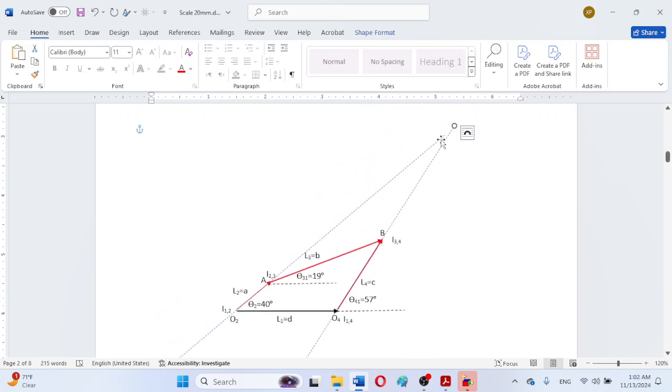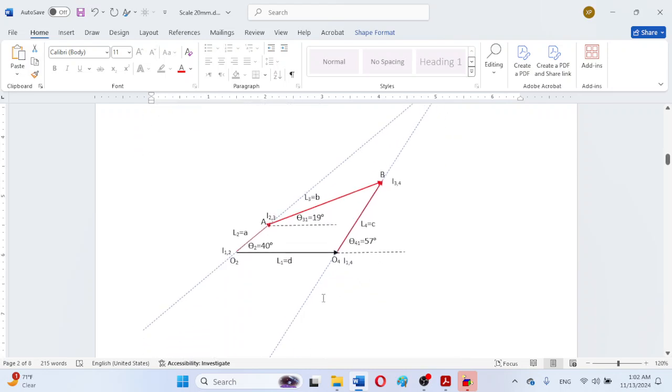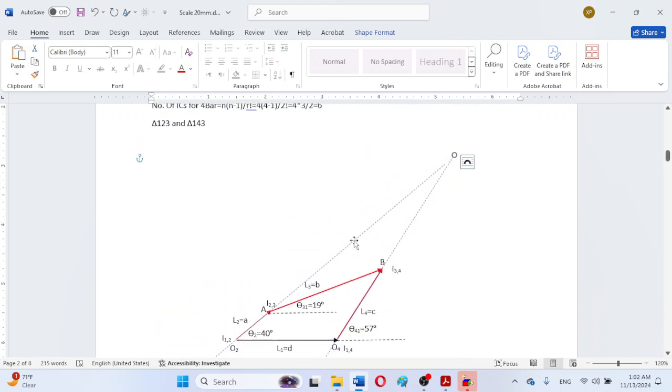So in this way these lines can be extended so that the intersection is made like this.